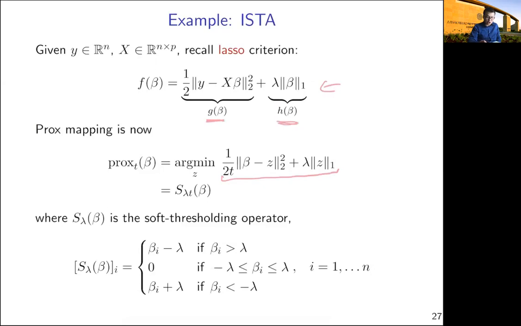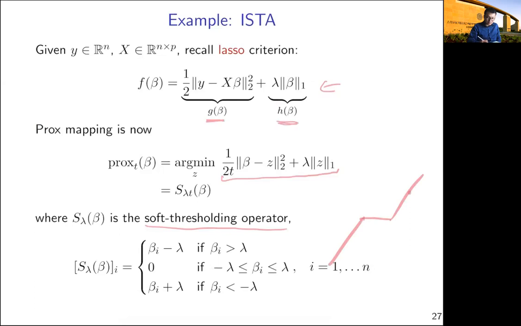But there was this special case that we worked out carefully, when X is an identity matrix, where the solution is actually easy.